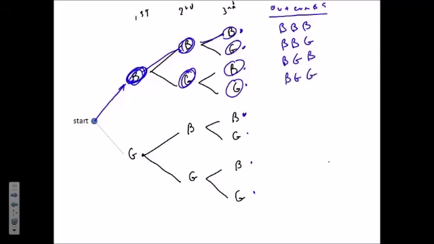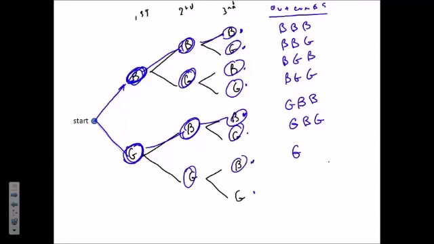Now getting down to here, we have to go this way. Girl, boy, boy. Girl, boy, girl. Getting to this one, girl, girl, boy. And finally, the last one would be 3 girls.